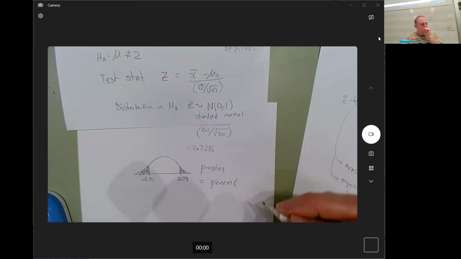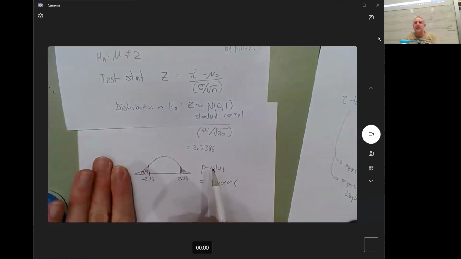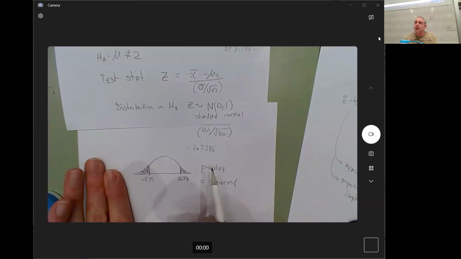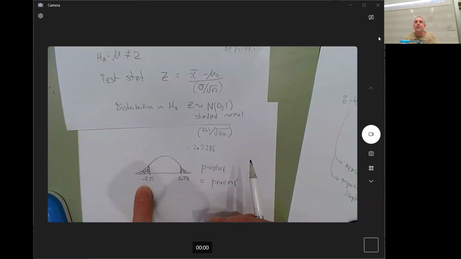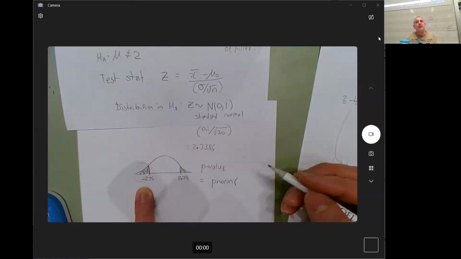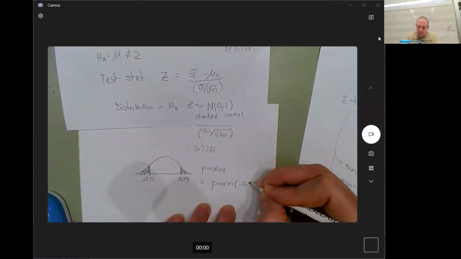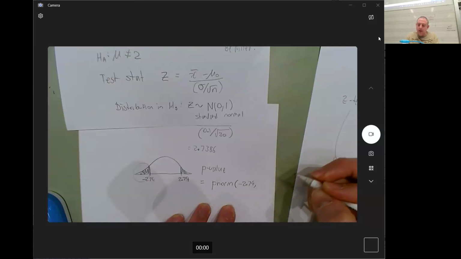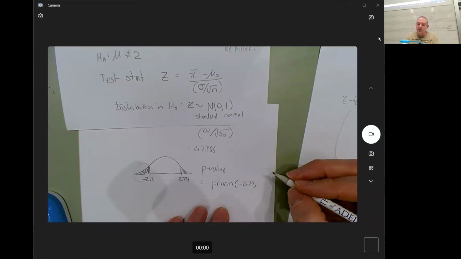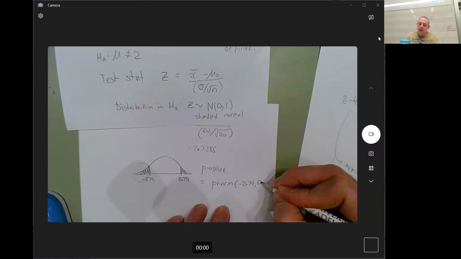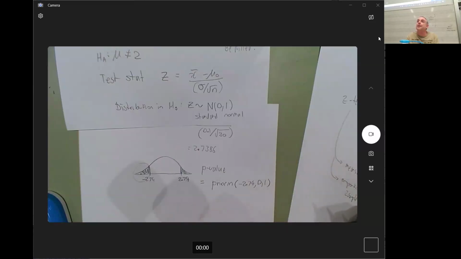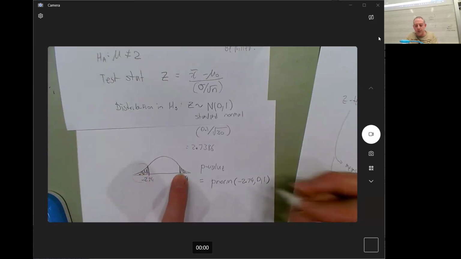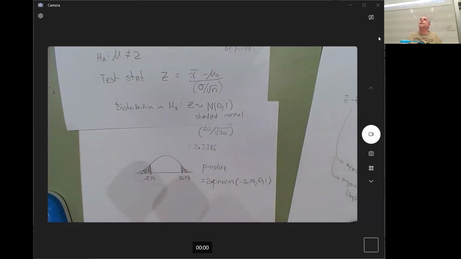And pnorm always tells you the left-hand side. So you put the negative number in, because then that'll tell me this left-hand bit. And I'm pretty sure you don't have to tell it the 0 and the 1, but I will anyway, just in case. And that would tell me this bit, and I need 2 of those. Yay, that's what R would need to do that.